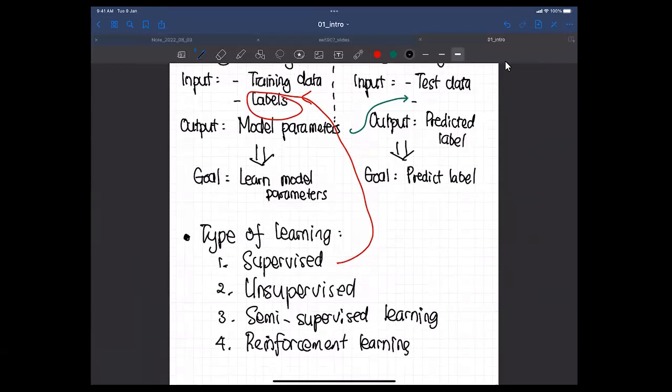For example, if there's a car on the right, and the car moves to the right, they will bump into each other, and that will give a penalty. The feedback will be negative. But if it moves straight or changes lane, avoiding the collision, then it will get a positive reward. This positive and negative reward will be used by the system to update the model parameters. So that's the concept of reinforcement learning.